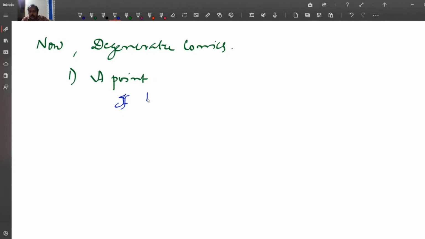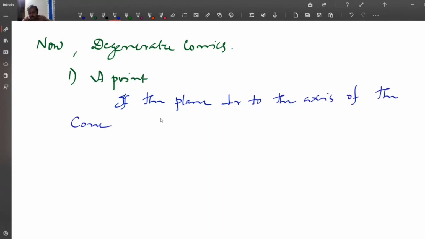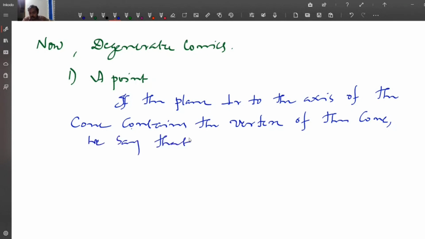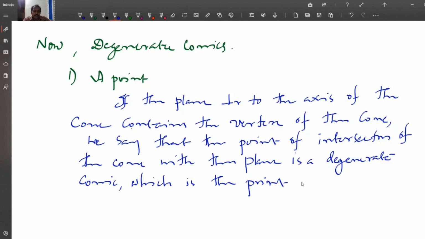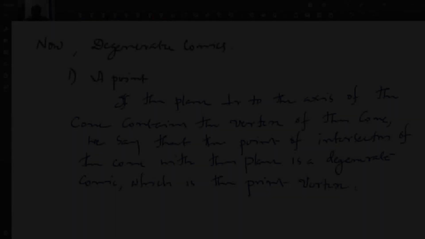If the plane perpendicular to the axis of the cone contains the vertex of the cone, we say that the point of intersection of the cone with the plane is a degenerate conic, which is the vertex.